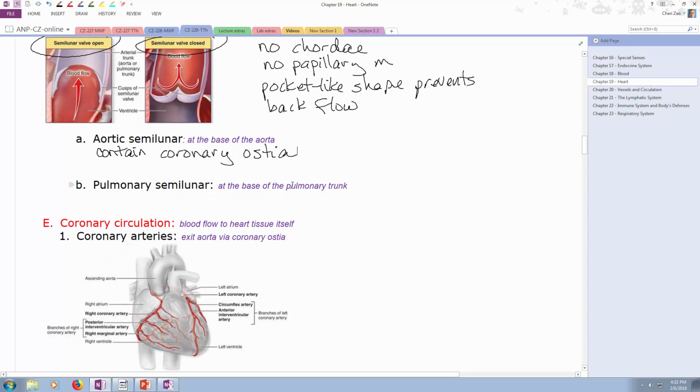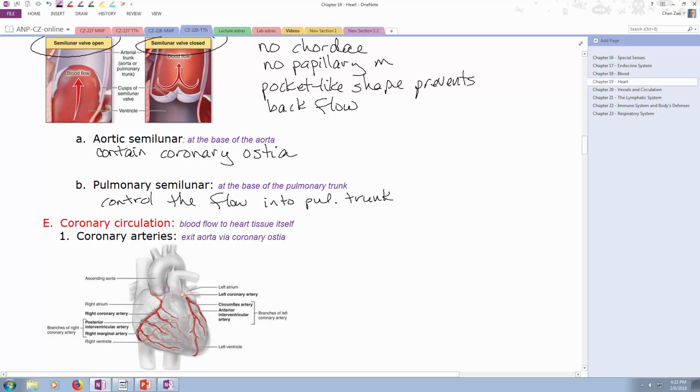So the pulmonary semilunar valves are going to control the flow into the pulmonary trunk. So these valves control the flow into whatever artery they're associated with. Control the flow into pulmonary trunk.